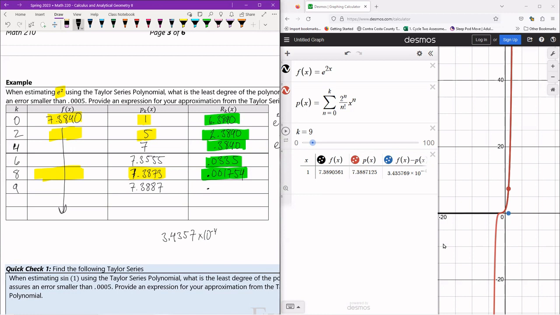Hopefully you guys remember how this works. I do 1, 2, 3, 4, my decimal's there, so this difference is 0.00034357. This is our magic number right here. This now means that the error between my function and my Taylor series polynomial is less than 0.0005. This is as far as I needed to go.